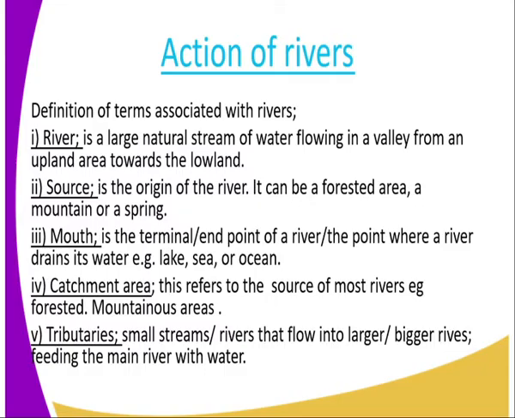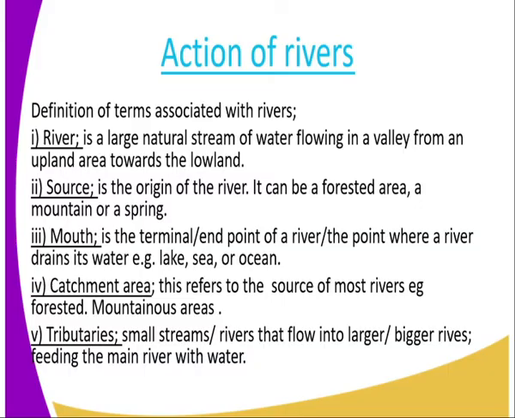For example, if we are talking about a source of river or water catchment area, it means that not only one river comes from that place. There are a number of them. It can be in forested areas. It can also be in mountainous areas. So that is what we refer to as the catchment areas in the topic.